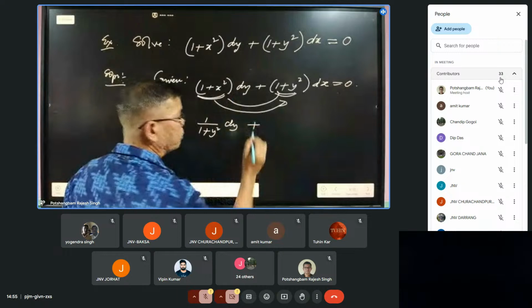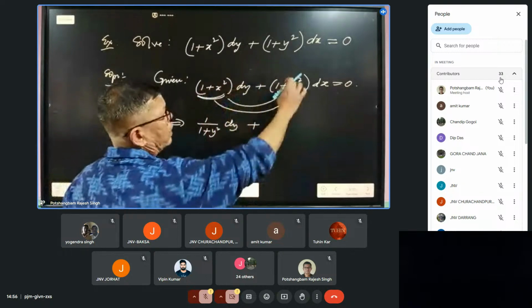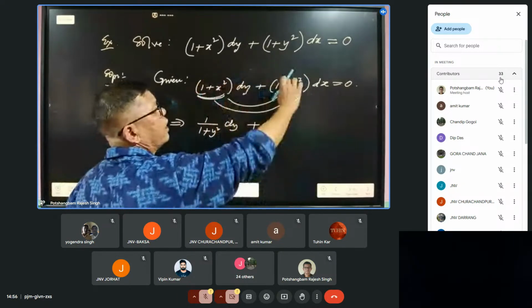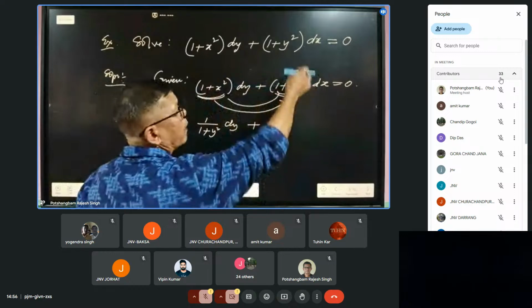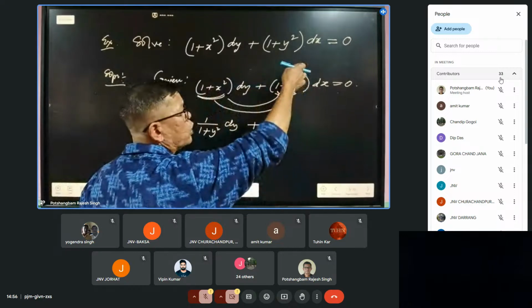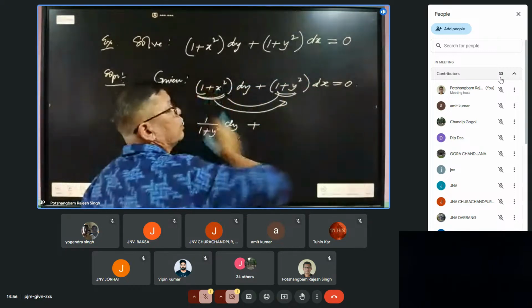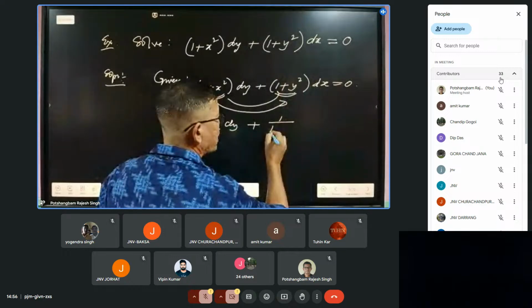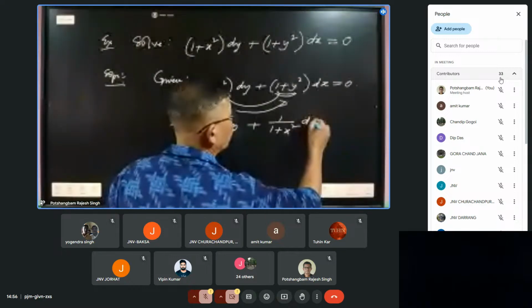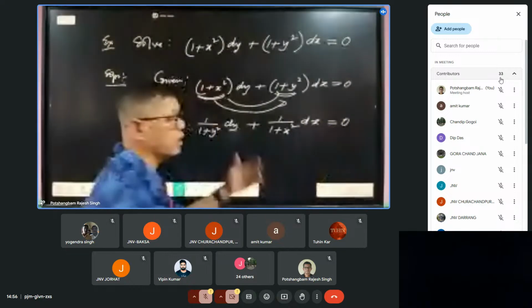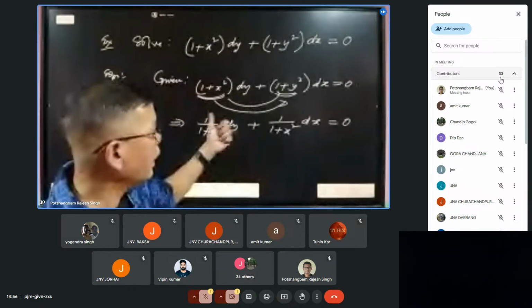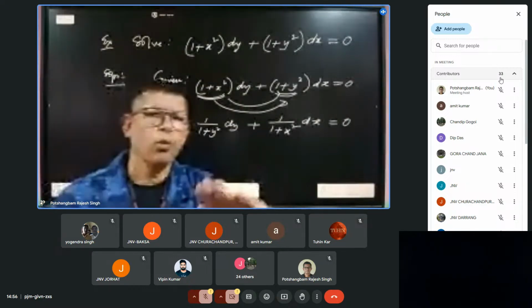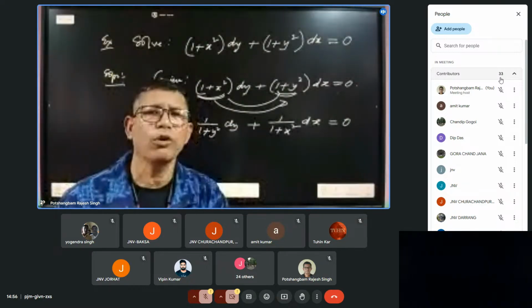And now this function of x, as this is already transferred to this side, what we have here now is 1 by (1 plus x squared). So two-way cross multiplication is done in separating the variables x and y in this case. Sometimes a one-way separation method may also be required.